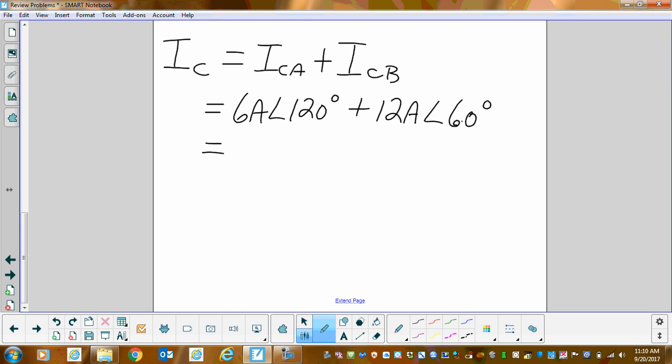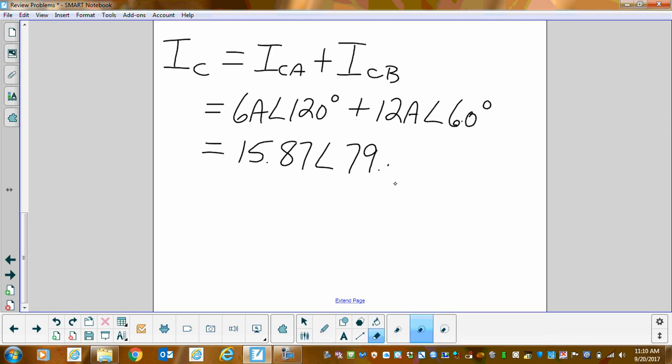And if I've done it correctly, I got 15.87 at an angle of 79.1 degrees. Is that right? Okay, good. We're on the same page.